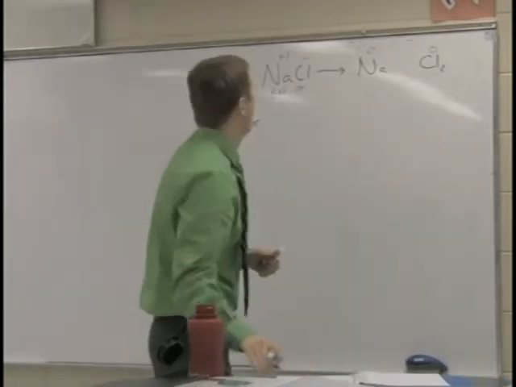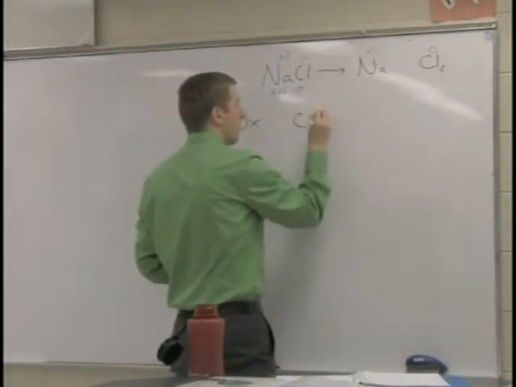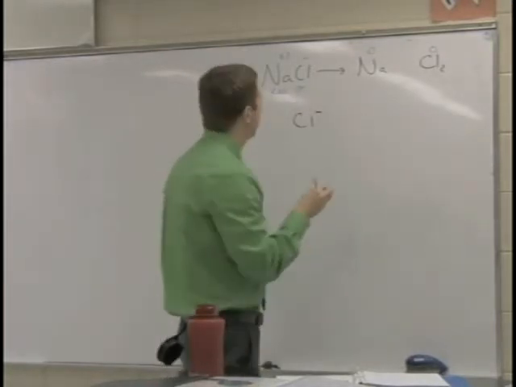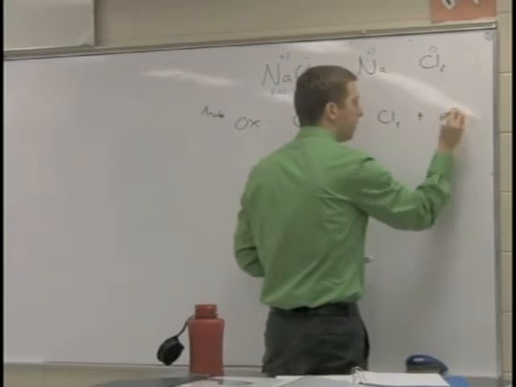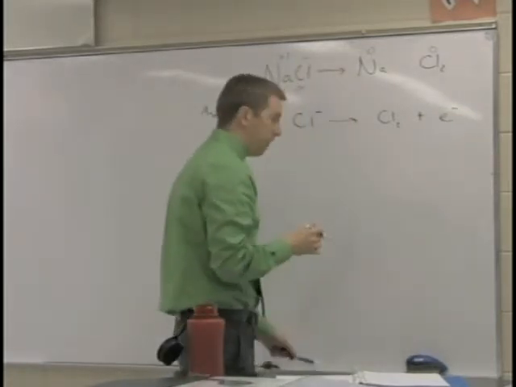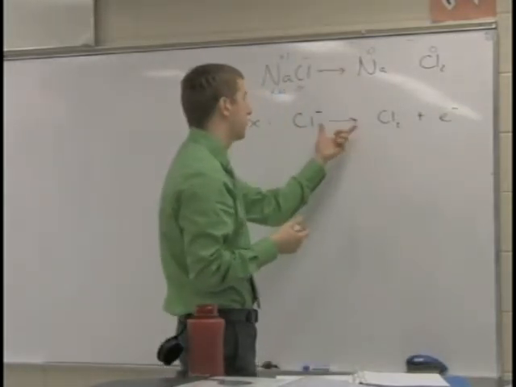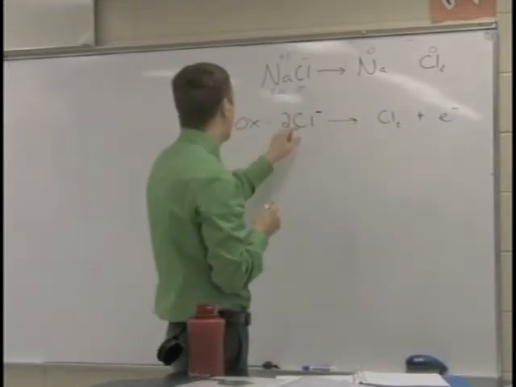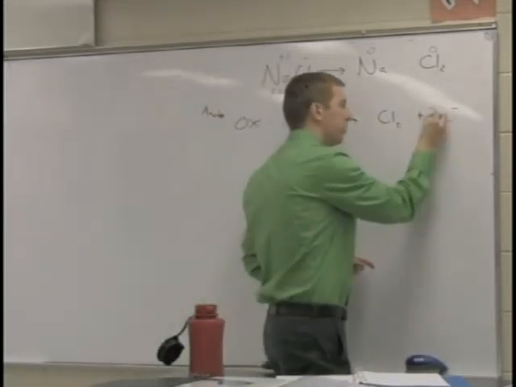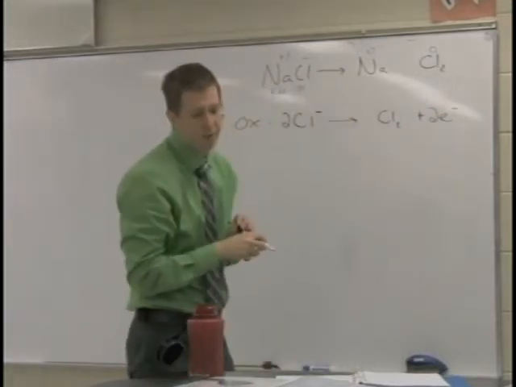To begin with, I have Cl minus, and it's going to create Cl2 plus a number of electrons. The way to figure out the number of electrons is first to balance this out. There's 2 chlorines here, I need 2 chlorines here. Now I have 2 negatives, put a 2 here. That is going to be the oxidation equation.